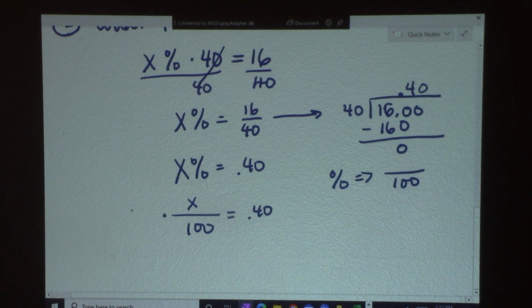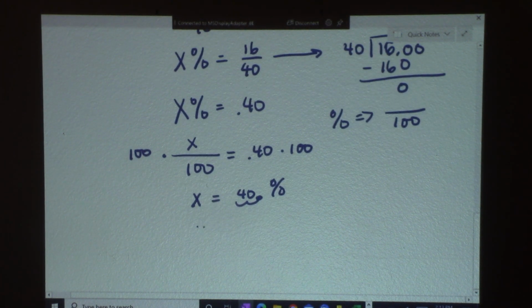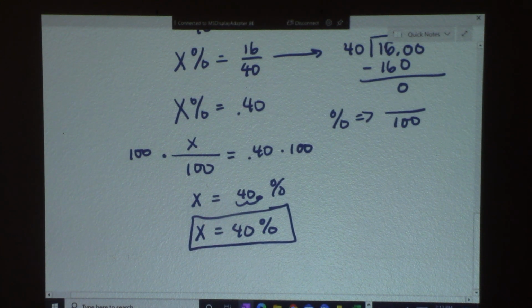I'm going to multiply by 100 on both sides in order to get the X by itself, and that means I move my decimal places over 2 places, and I get 40%. So 16 is 40%, or 40% of 40.